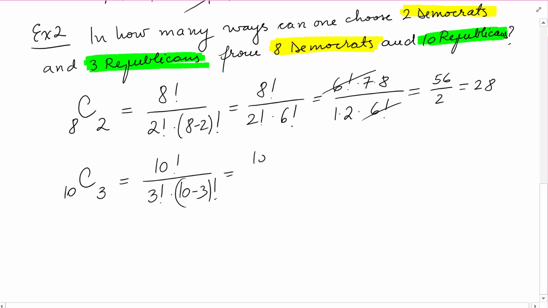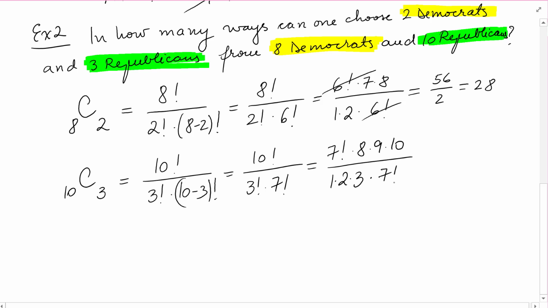So we get 10 factorial over 3 factorial times 7 factorial. I write 10 factorial as 7 factorial times 8 times 9 times 10, over 3 factorial, which is 1 times 2 times 3, times 7 factorial. The factorials cancel because 7 factorial divided by 7 factorial is 1. So we end up with 720 over 6, which is 120.